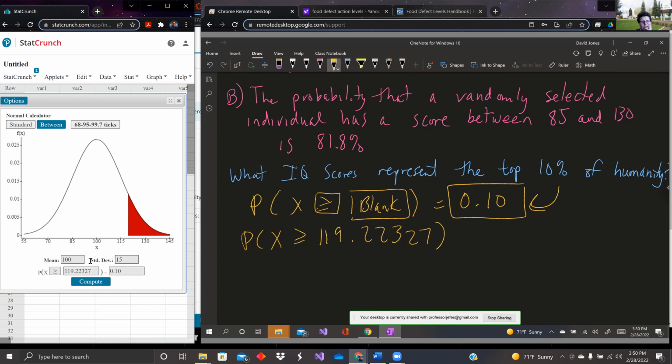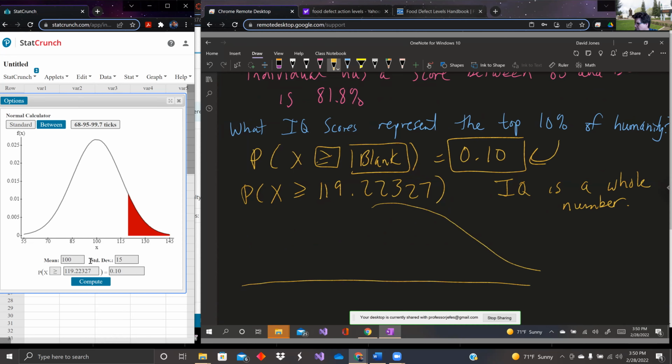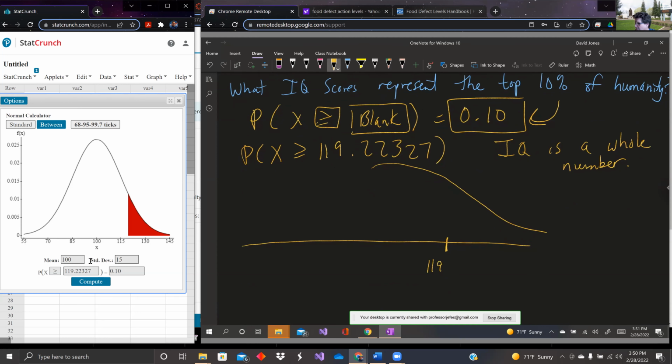So which way do I want to go? Do I want to go down to 119 or up to 120? IQ is a whole number. So the way you figure it out, it's kind of like we're drawing a little bit of the number line. I've got 119.22 right here. If I go down to 119, it's to the left.